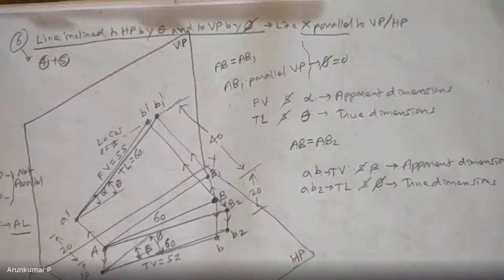The takeaway is what you need to focus on. If a line is parallel to a plane, then you will get the true length of this line on that plane. This is the first thing which we have seen here in all these cases.